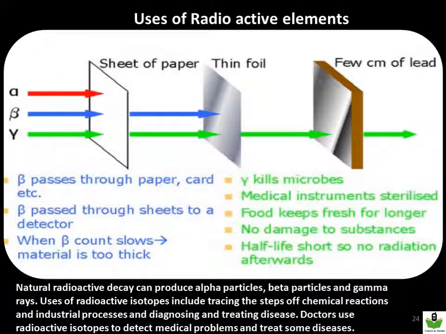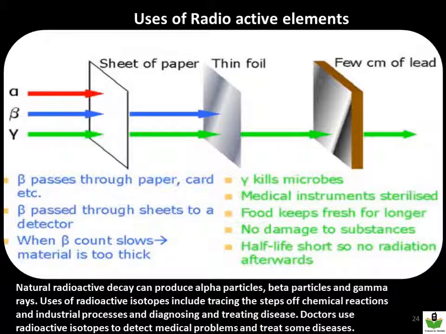Now we will see the uses of radioactive elements. In 1896, the French scientist Henri Becquerel discovered radioactive decay quite by accident, while studying a mineral containing uranium. Natural radioactive decay can produce alpha particles, beta particles, and gamma rays.